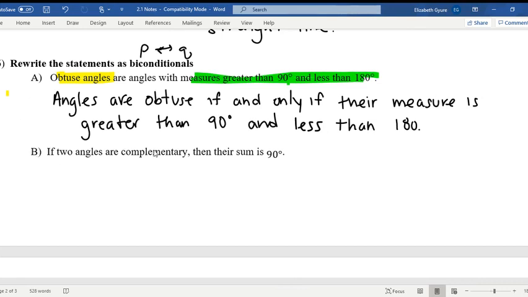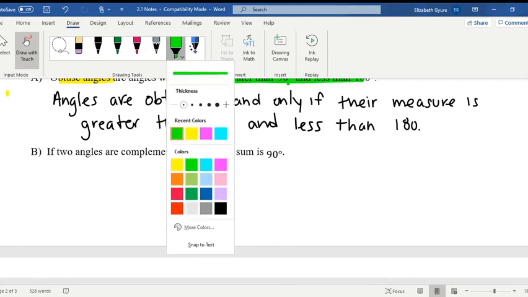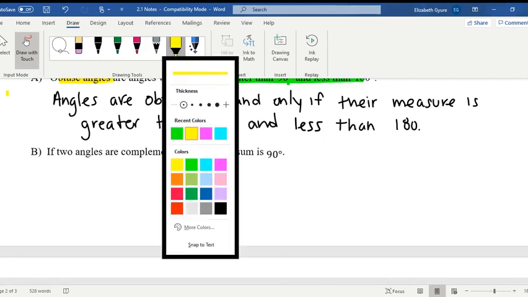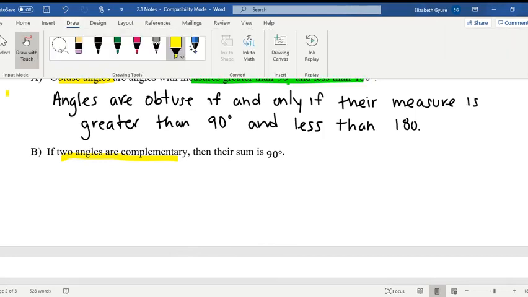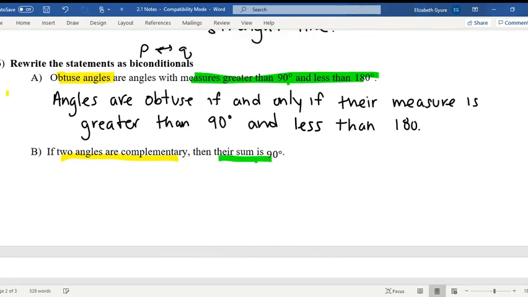And then if two angles are complementary, then their sum is 90 degrees. This is actually the definition of complementary angles. So it's written as an if-then, but it can also be written the other way. So it could also be written as if two angles have a sum of 90 degrees, then they're complementary. Therefore, we can write it as a biconditional. Just to make sure we understand here, we got our hypothesis, two angles are complementary, and then our conclusion is that their sum is 90 degrees.